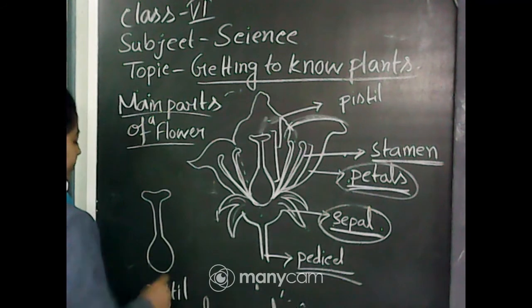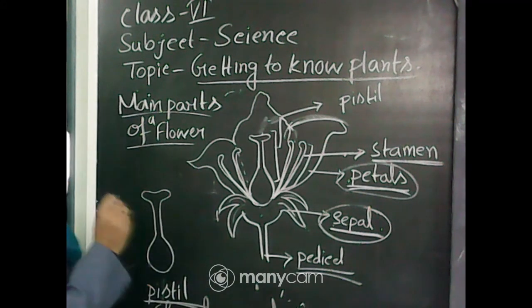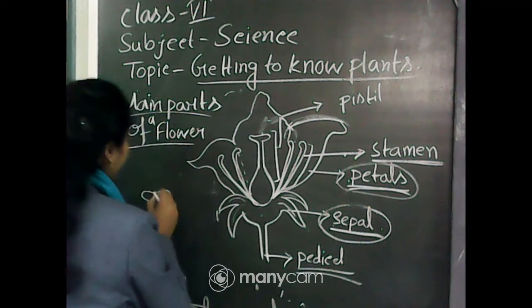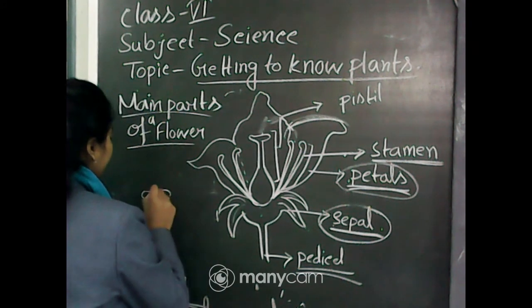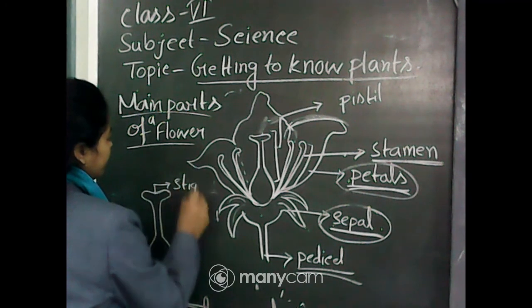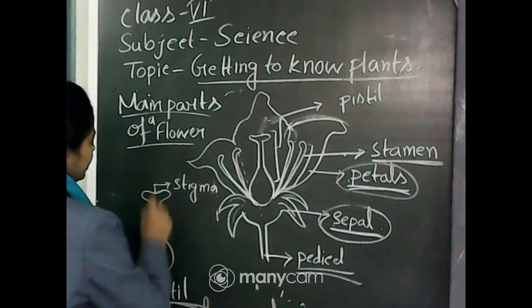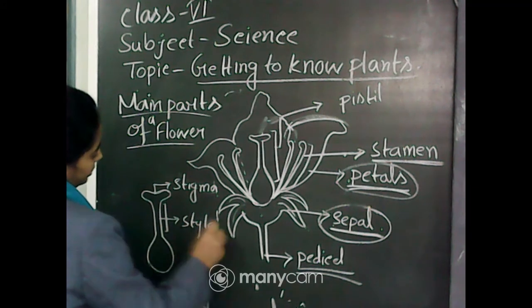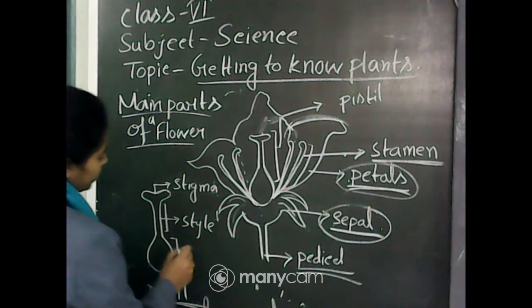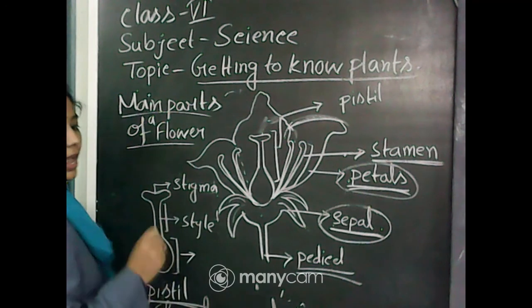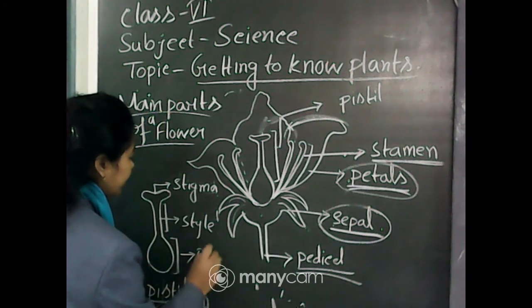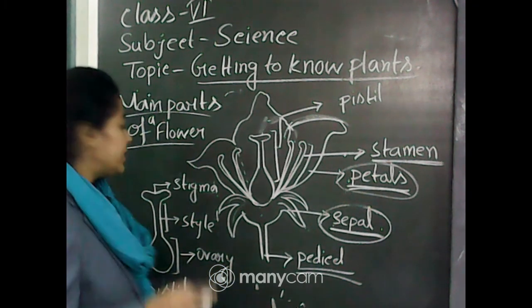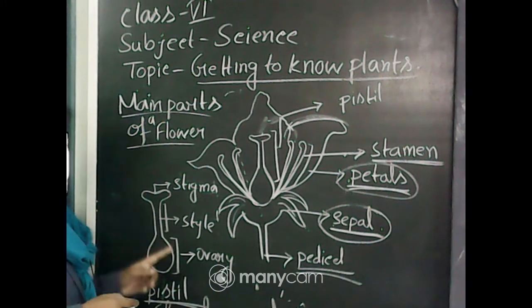Here this pistil consists of three parts. Okay. First, this portion is called the stigma, and this tube-like structure is called the style, and this round portion is called the ovary, where eggs are present. So, here we have seen that the pistil is made of three parts: stigma, style and ovary.